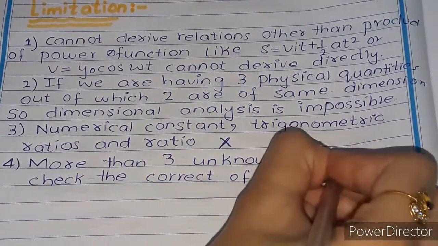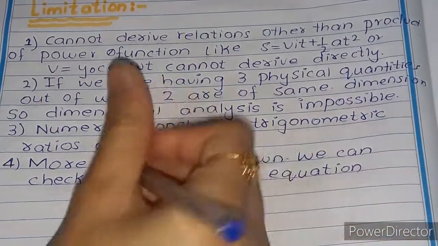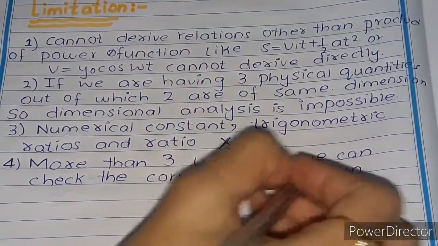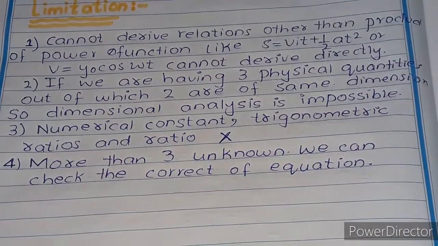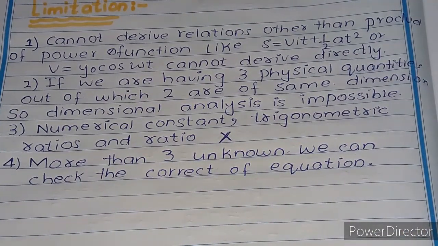But if there are four unknowns, we cannot check. So these are the limitations of dimensional analysis.